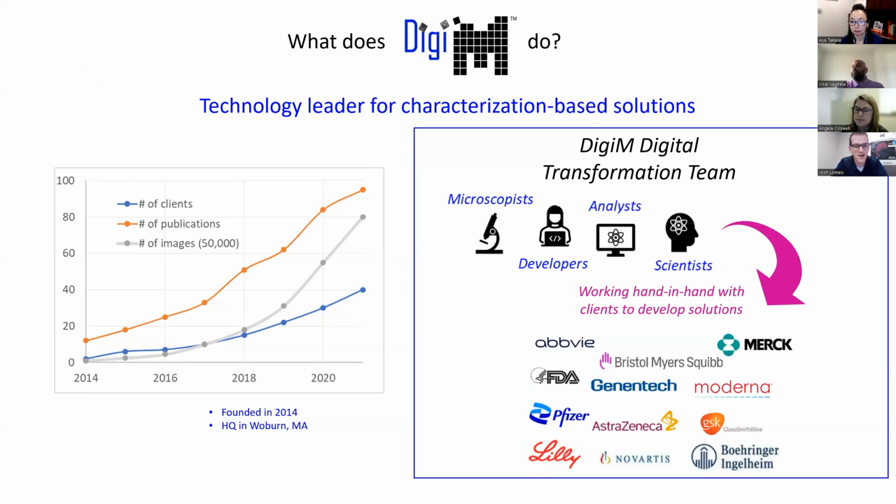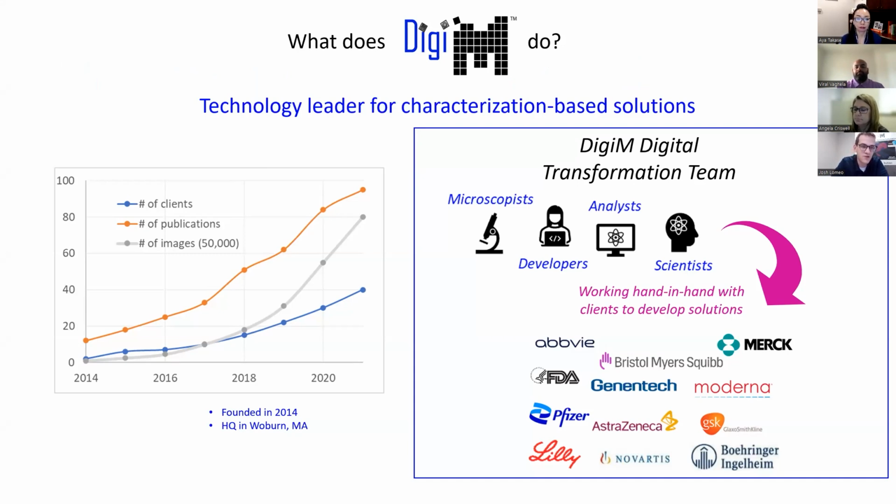Great, thank you, Angela. Yeah, so DigiM, we are a technology leader for characterization-based solutions, primarily on the microstructure scale, but really any type of analytical problem that can be solved with micro CT or imaging analysis.